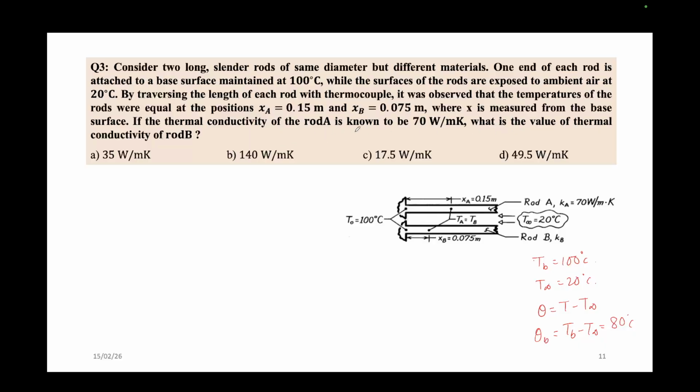So you are asked to find the thermal conductivity of rod B, because the thermal conductivity of rod A is already given. That means k_A is given as 70, and you need to find k_B. So which case is it? Can you tell whether it is the case of infinitely long or the case of adiabatic end?